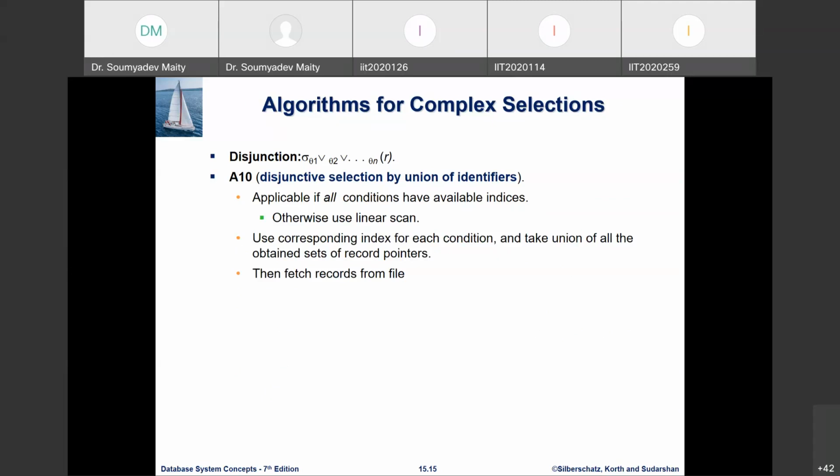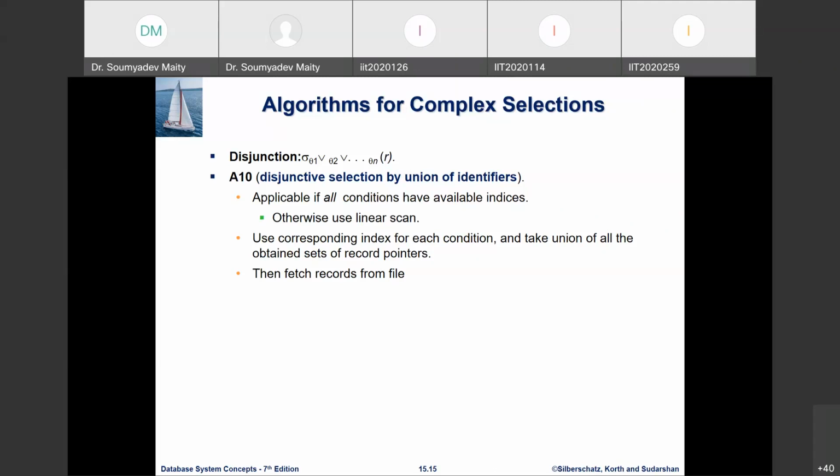So apply the conditions on the index file, that means the B plus tree, to get the record pointers satisfying theta 1, then the record pointers satisfying theta 2, etc. Then calculate the union of those record pointers, and then fetch the records according to the result set of record pointers that you have obtained.